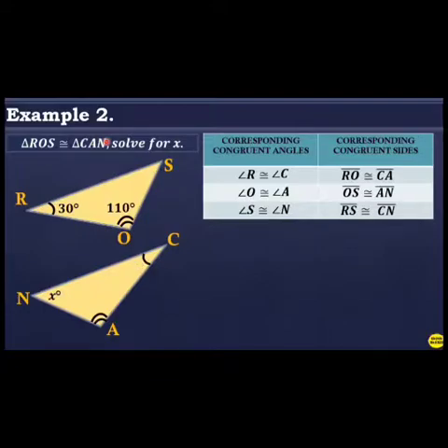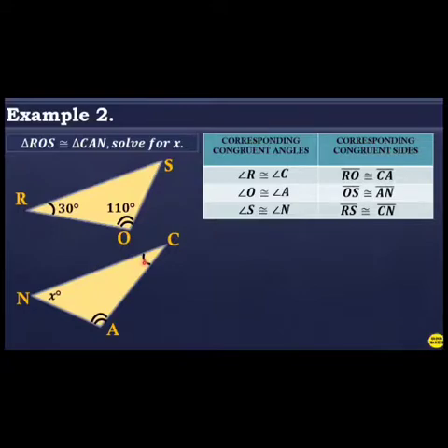Next, we are asked to solve for x. First, look at the figure for anything that could help you solve for x. How do we get x? There is no given angle measure. We can only get the measure of this angle if at least one angle has a measure.